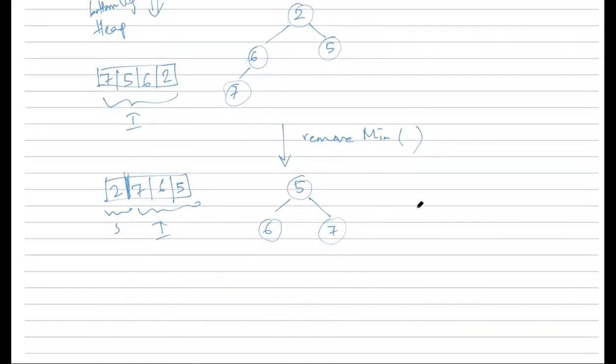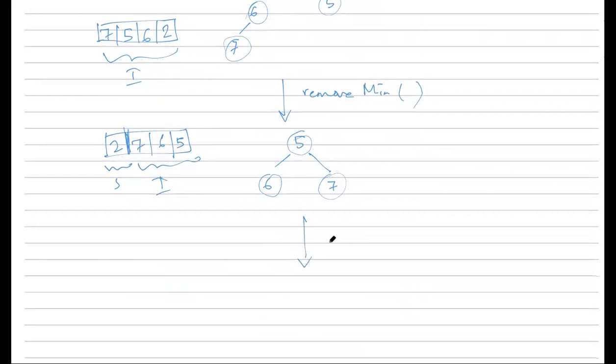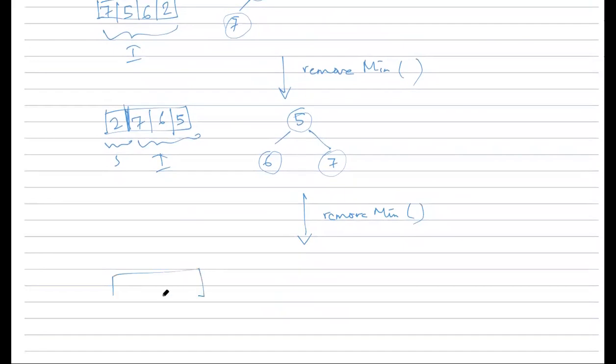And then on this we do remove min. And this leads to extracting 5 and appending 5 here.